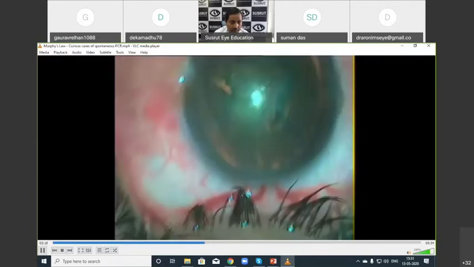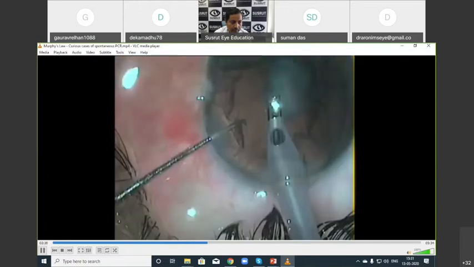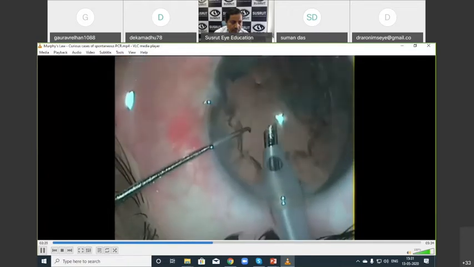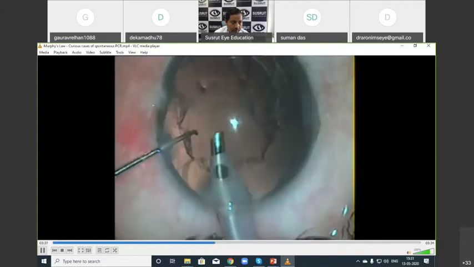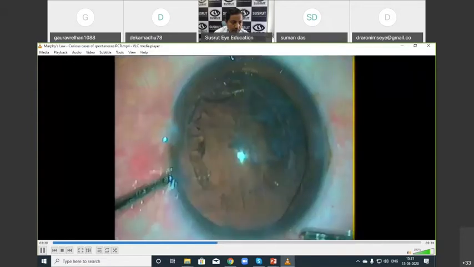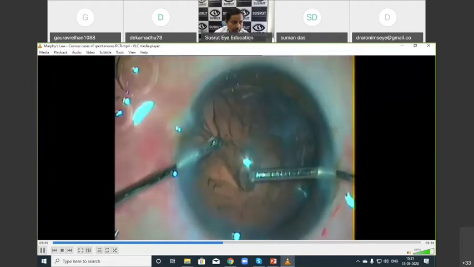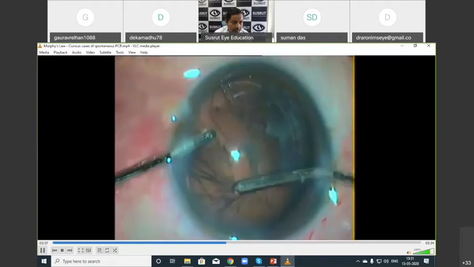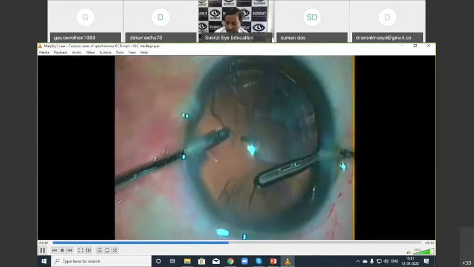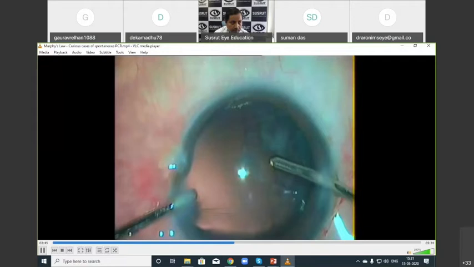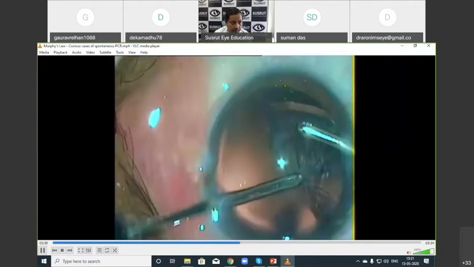In the second case, we see a posterior polar cataract. Successful nuclear removal. Removal of the cortex begins, and is completed without any roadblocks.